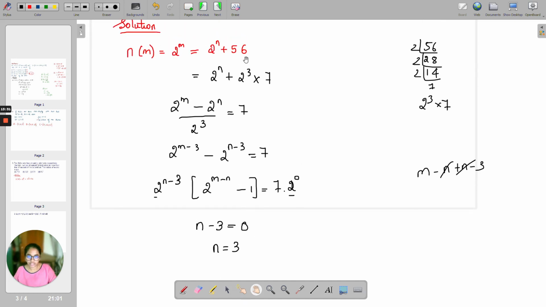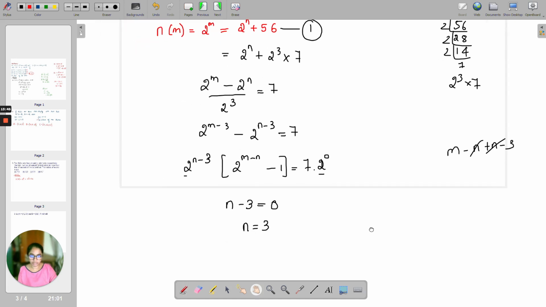So from this equation, let me substitute n is equal to 3 in this equation. Okay, let me name that as equation 1. Yes. Now from equation 1, we have 2 power m is equal to 2 cube plus 56.